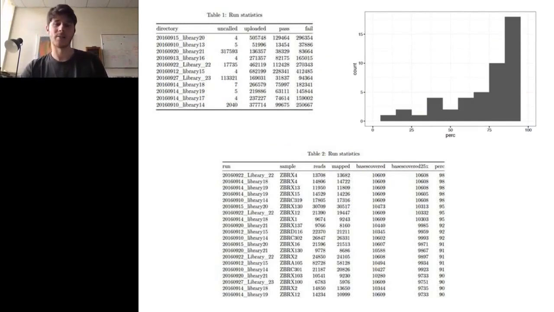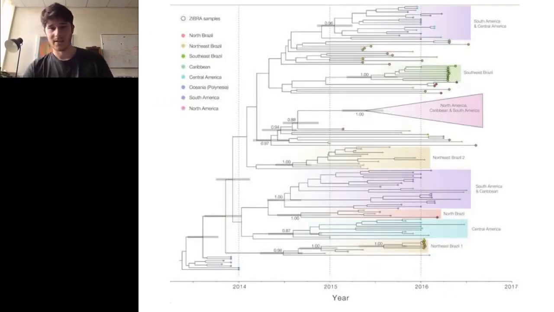So we went back to Brazil and had another attempt, and this time, as you can see from the table at the bottom, we were able to achieve genome coverages in the 90s for a number of these samples. So eventually we were able to generate the data that we needed, despite the technical challenges that are associated with Zika.